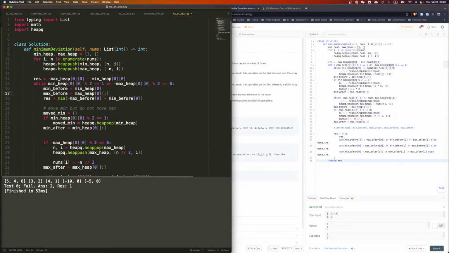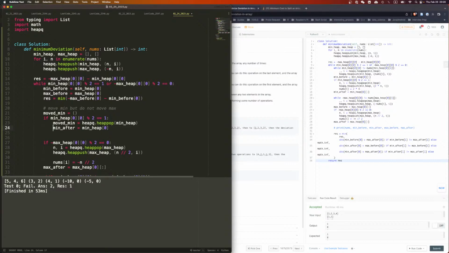Actually, I don't even need to copy. Min after is this. Yeah, we can actually see this. If we can do it, then we'll have moved min and min after, right?